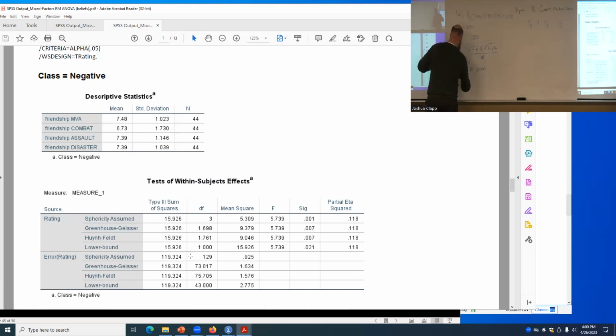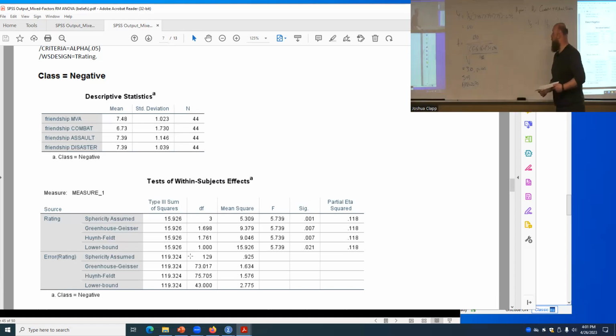And I run it, the effect size is 22.70. So then I just ran my test. I do have evidence that for my negative group, I am seeing evidence consistent with my hypothesis that people are rating that combat vignette lower as compared to the combination of the other vignettes.